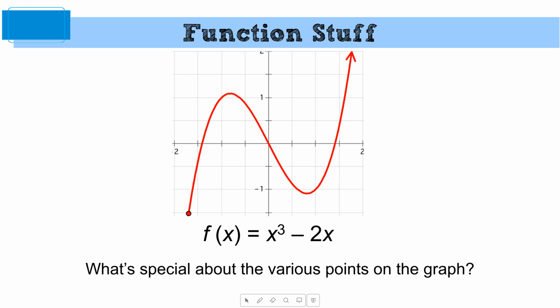Charlie, what points do you find interesting other than the two that Sam already pointed out? I like 0, 0. Why? Because it's 0, 0. Oh, also known as? The origin. Good. Are there any other points on that graph, Charlie, that you could lump in with the origin as being interesting? The x-intercept. Ooh, excellent. Where would those be located, approximately?